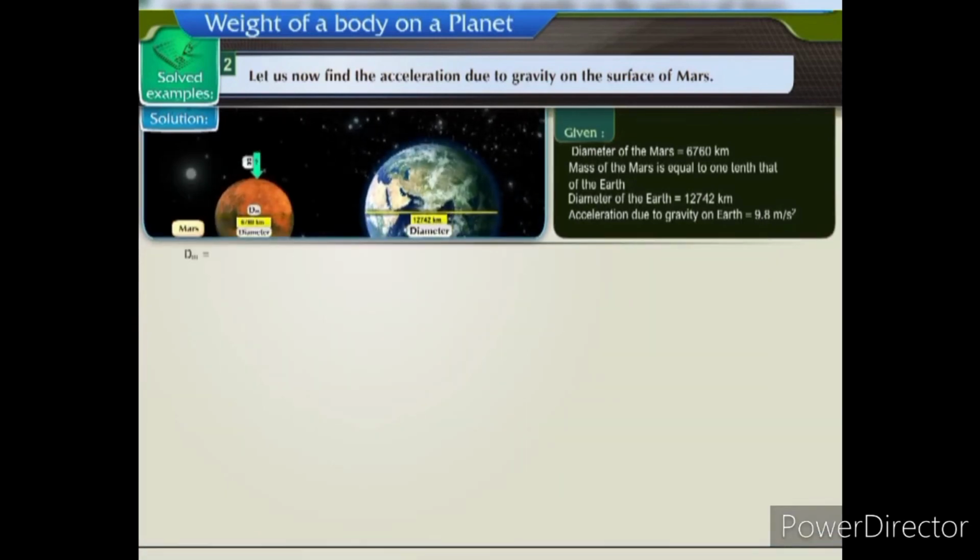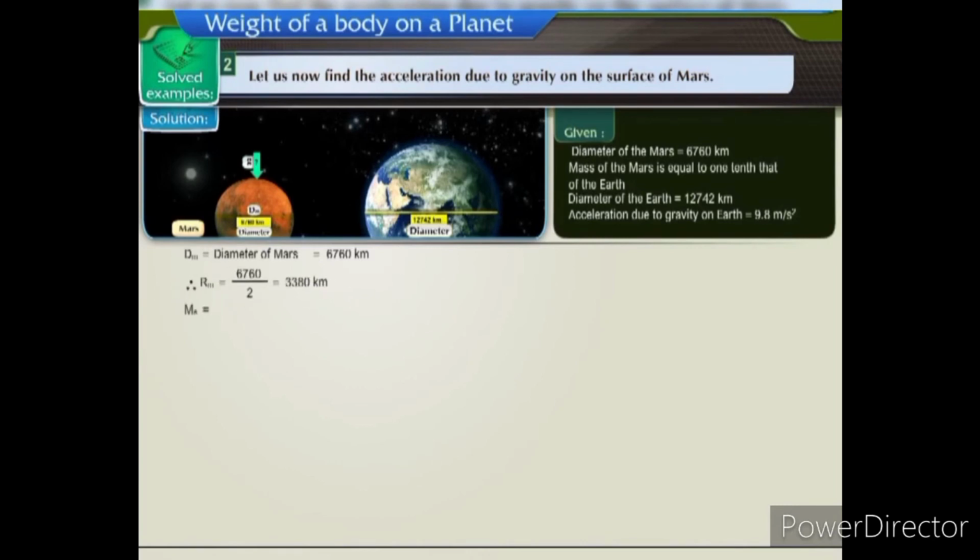Dm, the diameter of Mars, is equal to 6,760 kilometers. Therefore, Rm is equal to 6,760 upon 2, which is equal to 3,380 kilometers.